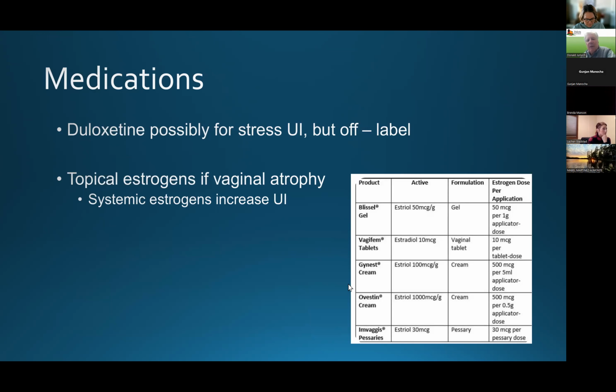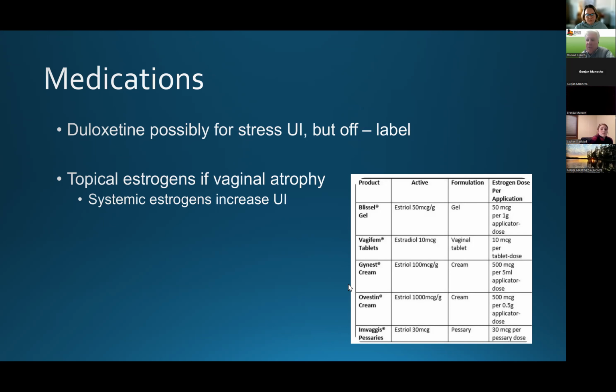The topical estrogens, mixed evidence as to whether they work or not. Probably leaning towards people that remain sexually active in late life, that it might help build up the vaginal tissue. Its impact on urinary incontinence, again, is mixed. And I just put this little table here to show you that there are different options.